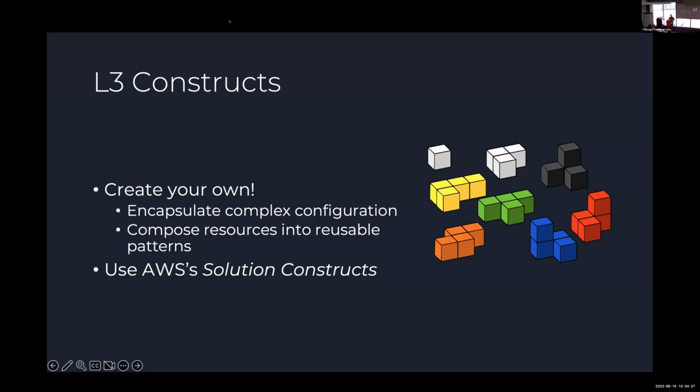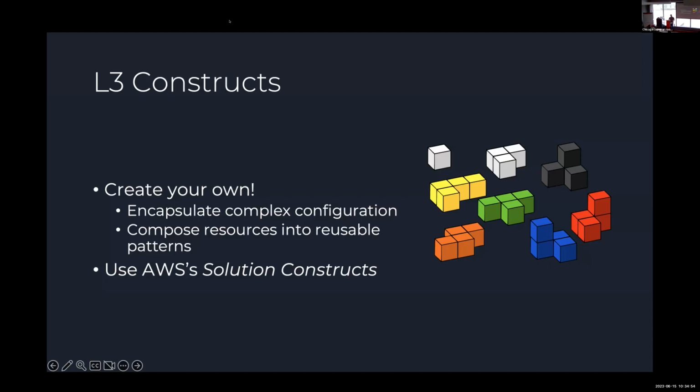L3 constructs are meant to hold patterns, and defining your own patterns is a way that you're able to abstract away the configuration. You're able to more easily test what you've built, and it keeps it all cleaner. It makes it a lot easier to maintain everything.